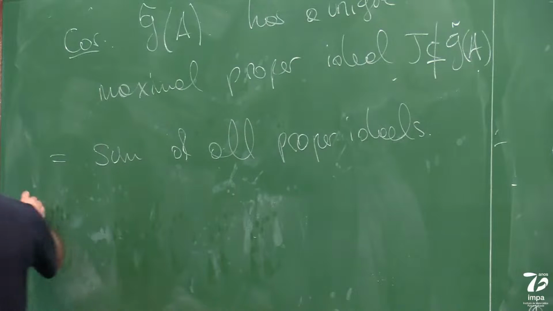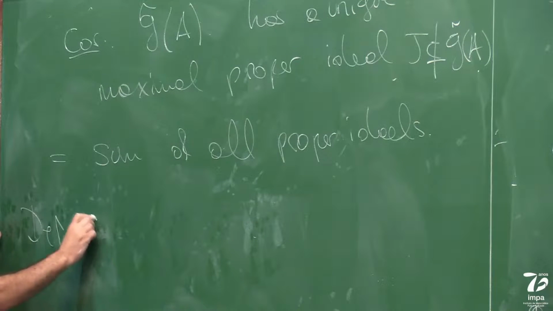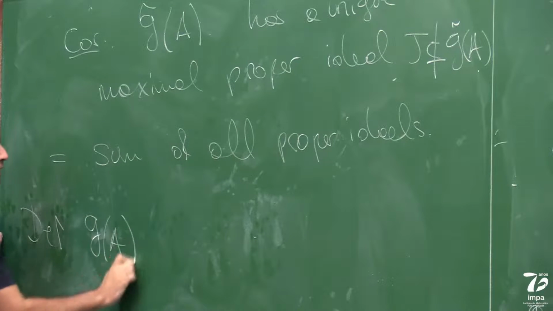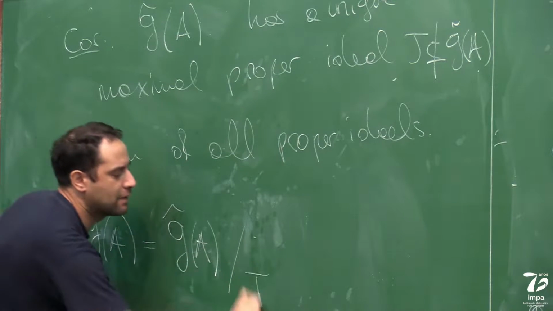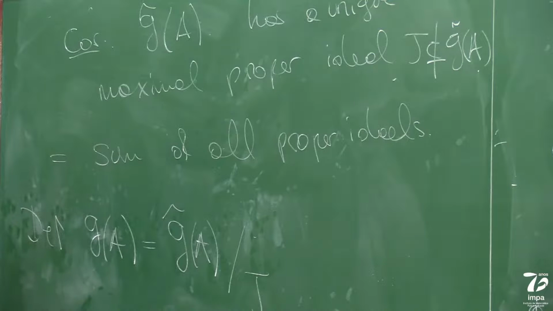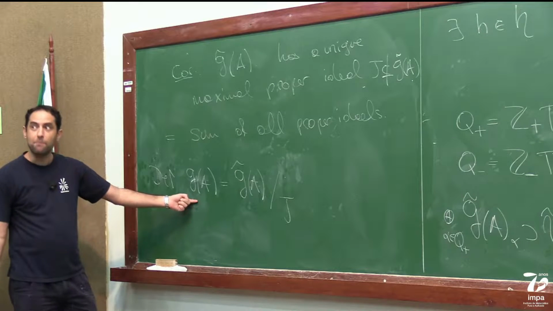So definition: G of A is the quotient of G tilde of A by this maximal ideal J, which is the unique proper maximal ideal. And this thing is a simple Lie algebra.